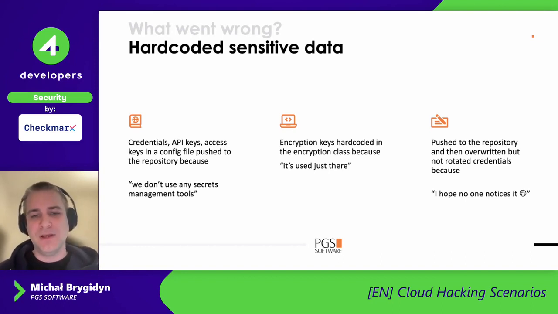So it's easy to extract the value from your previous commit. So it's not only important to override it, but also to invalidate the data that you shared by accident. So change the password, rotate the key, and then you may feel a bit safer.